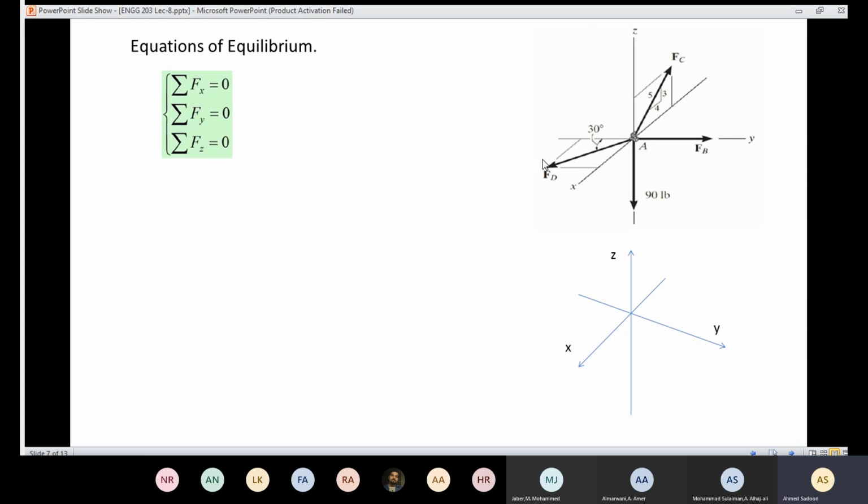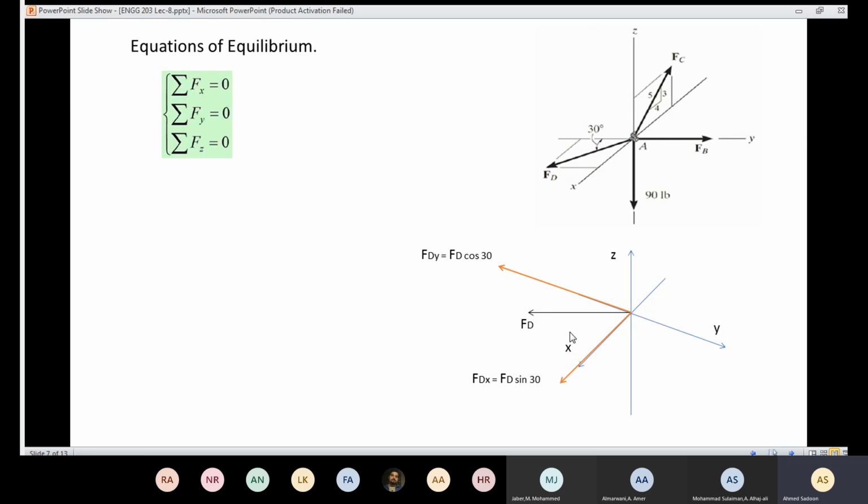In order to apply those equations, I need to resolve the forces into X, Y, Z components. So let's start with FD. Since FD lies only in XY plane, I can easily resolve the forces into X and into Y. I'm going to have component in X and component in Y. The component in X is going to equal the magnitude FD multiplied by sine 30.